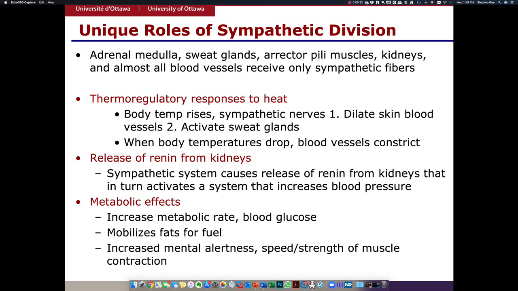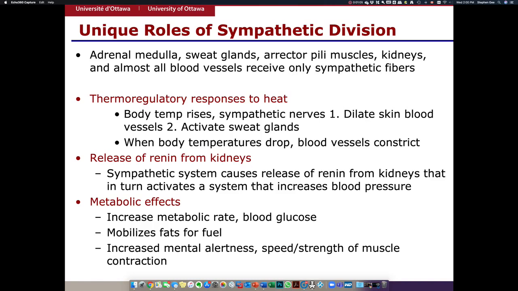For example, applying heat to the skin causes blood vessels in that area to dilate. When body temperature rises, sympathetic nerves dilate the skin's blood vessels, allowing heat to escape, and activate sweat glands to help cool the body. When body temperature falls, skin blood vessels constrict, preventing heat loss.